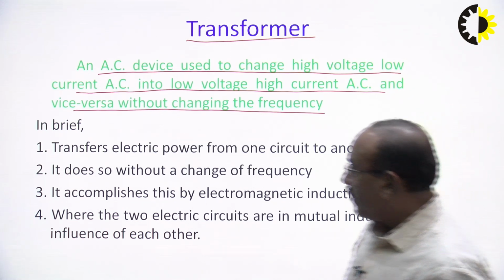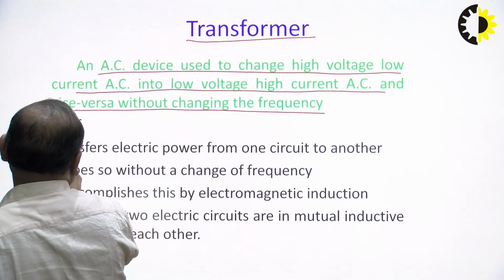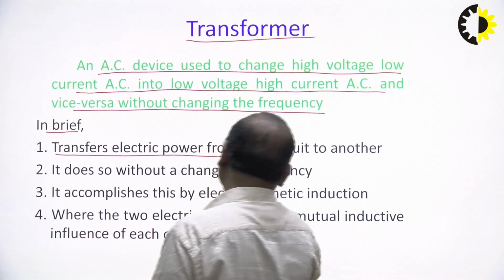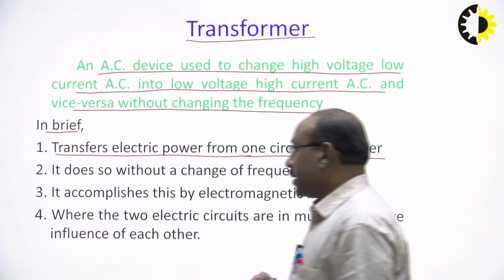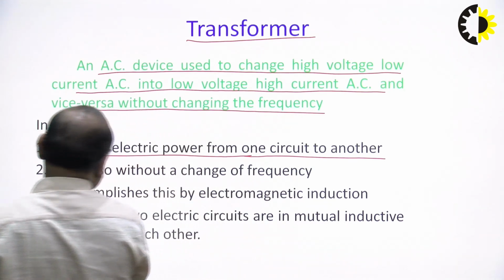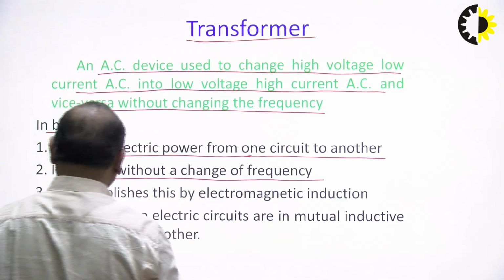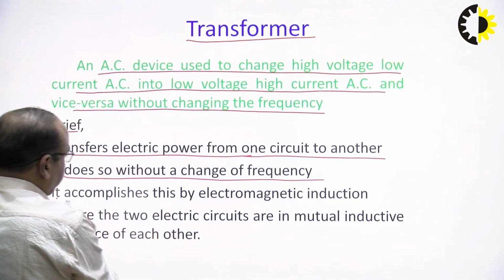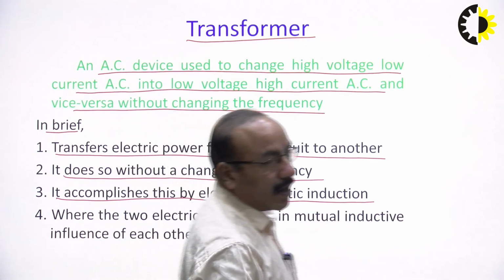So, in brief, what are the functions of a transformer? Number one, it transfers electrical power from one circuit to another circuit. Second, it does so without a change in frequency. Frequency remains the same on the two sides. Third, it accomplishes this by electromagnetic induction, which is the working principle of a transformer.